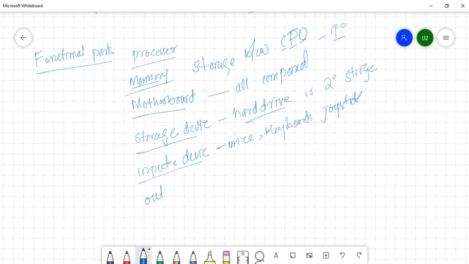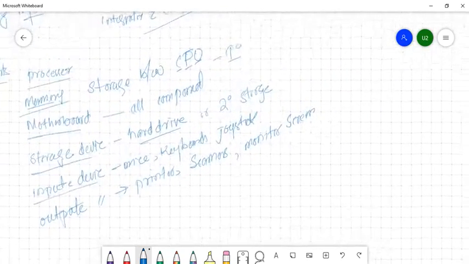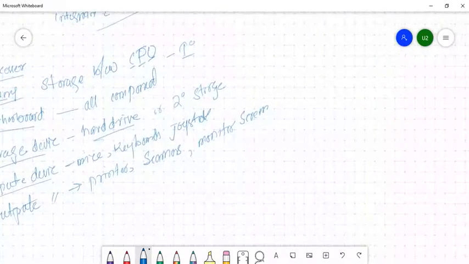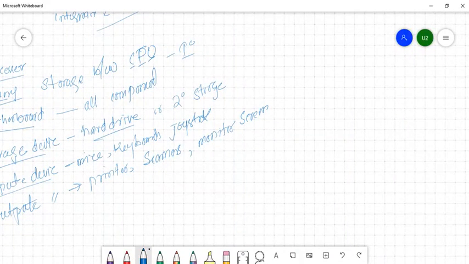Similarly, we have output devices, and they include printers, scanners, monitors, screens, etc. But a more sophisticated form is one device that acts as both input and output device, that is called a touch screen.